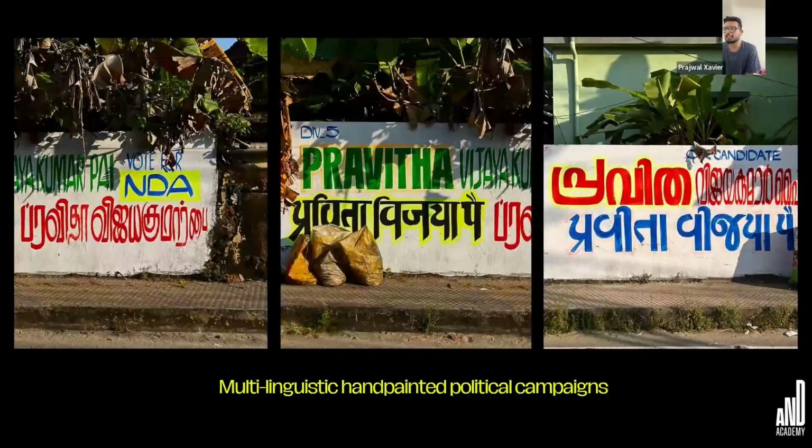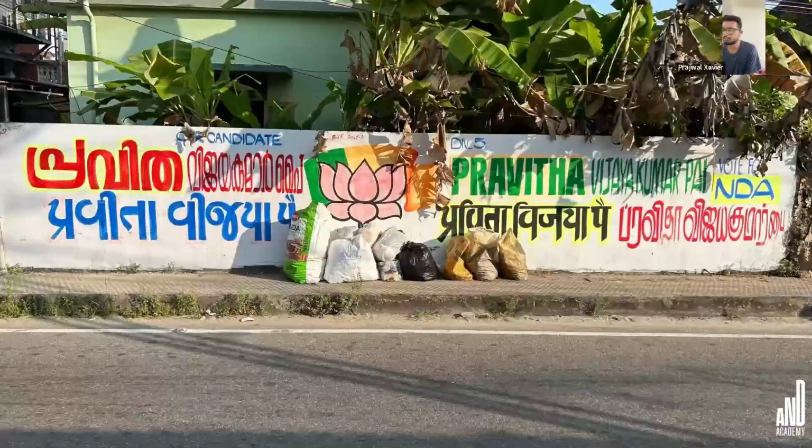Here, you can see the names written in Latin, Tamil, Devanagari, Gujarati, and everything. As a type enthusiast, it's very interesting to walk on these streets during election times. So this will be the full photo of that campaign.